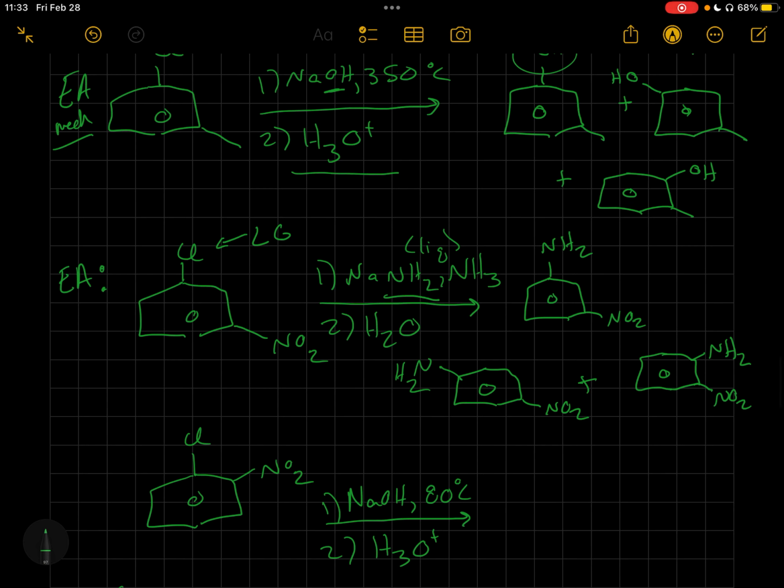Now, this time, notice step 2 is water. So we put on our NH2, and this is a very strong base, but NH2 is unlikely to get deprotonated to NH with a negative charge on it, okay?